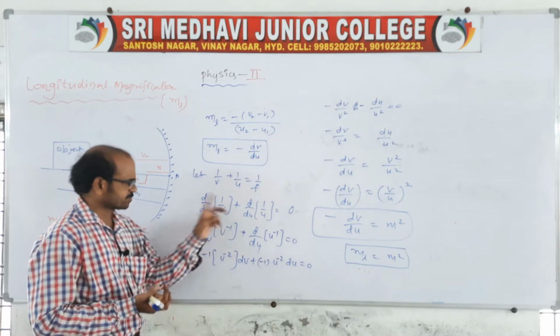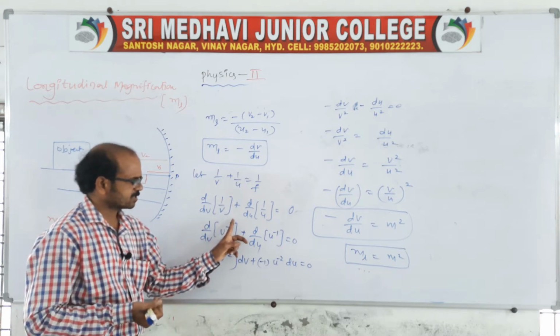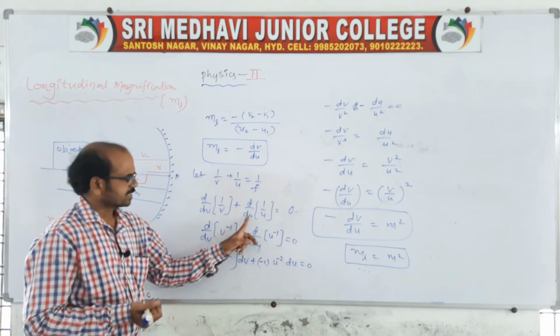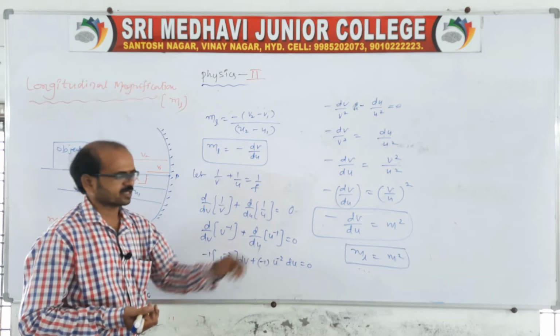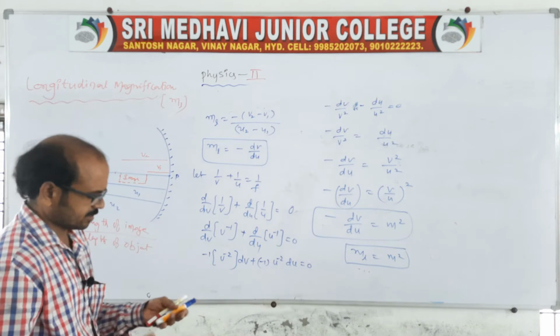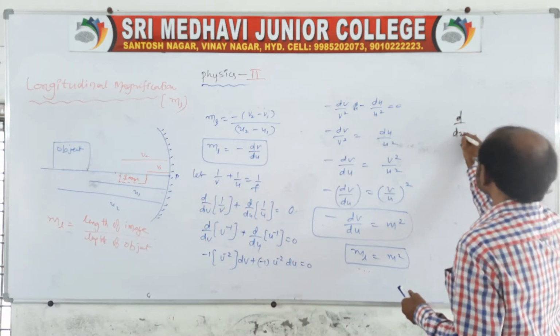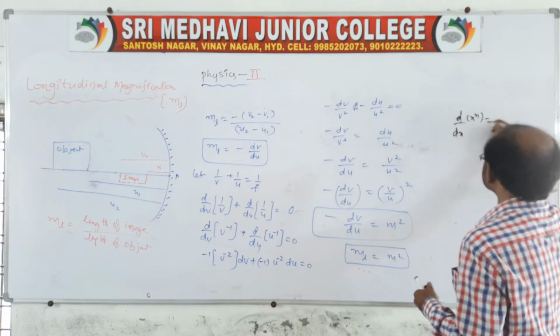Before differentiating, v is in the denominator, so you take it up, and it becomes a minus. Here also u is in the denominator, you take it up, therefore minus. We know the differentiation formula: d by dx of x power n is n x power n minus 1, which we discussed in the first year also.